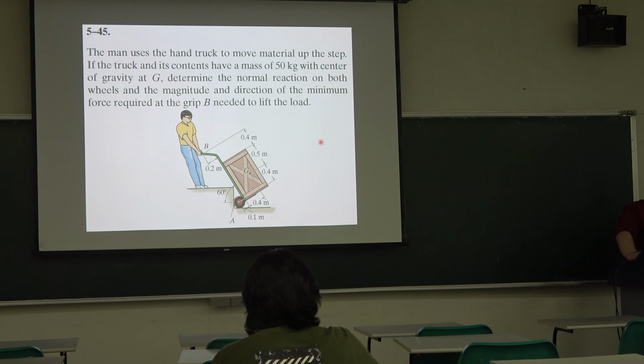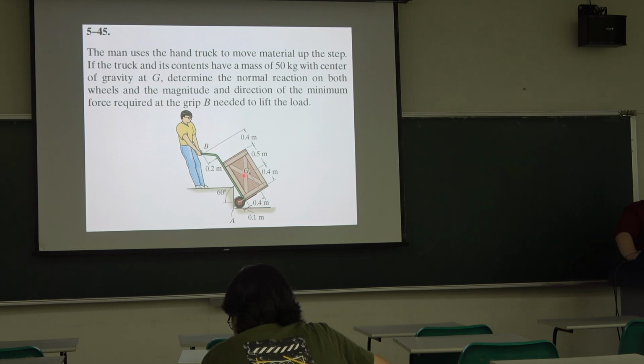If the truck and its contents have a mass of 50 kilograms, with center of gravity at G, determine the normal reaction on both wheels and the magnitude and the direction of the minimal force required at the grip B needed to lift the load.